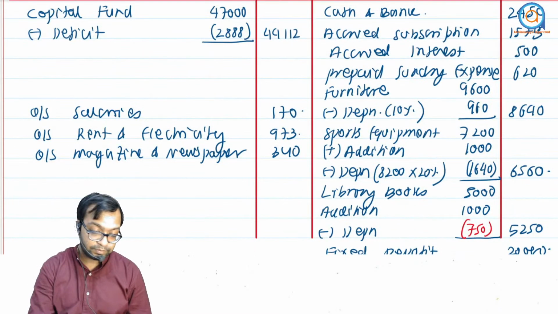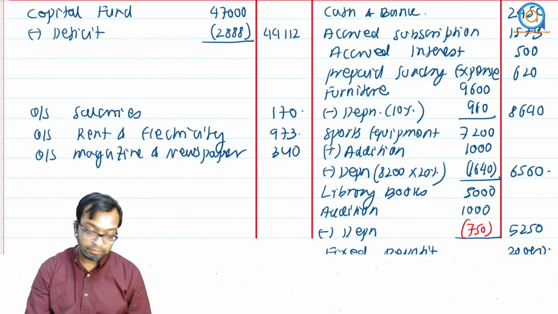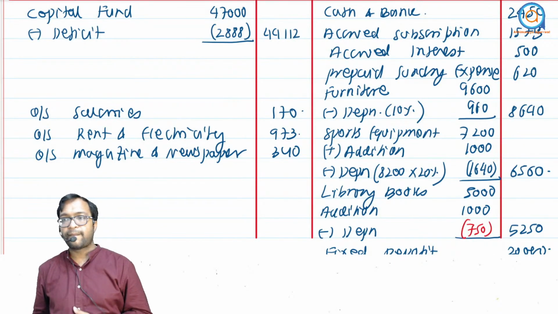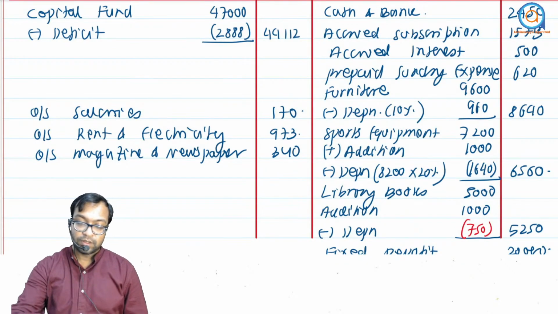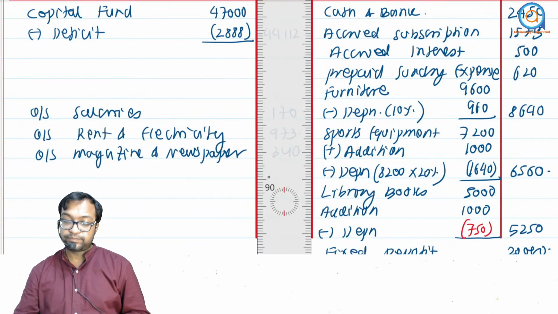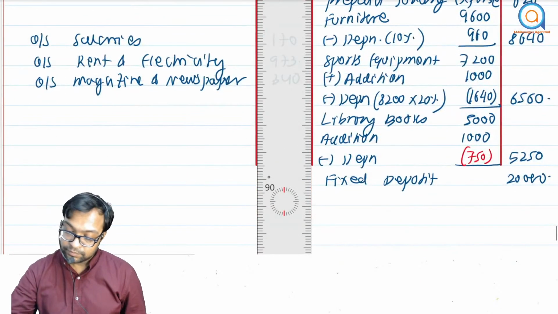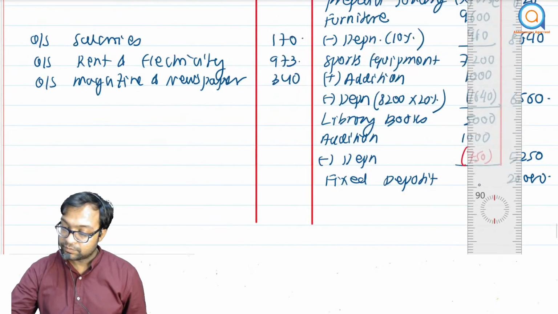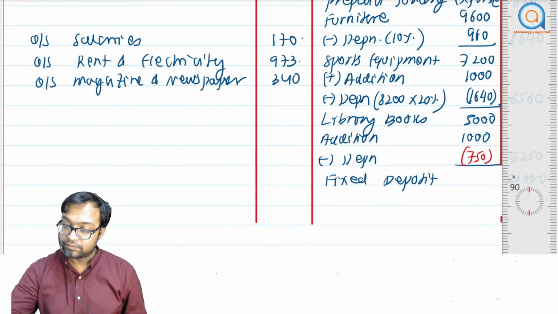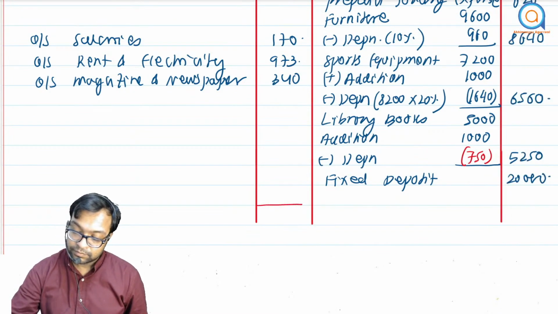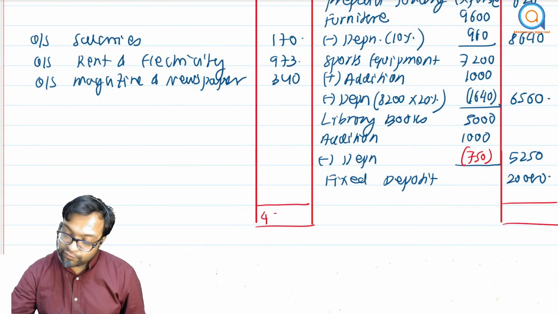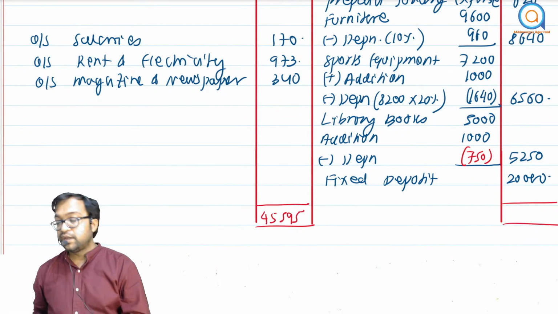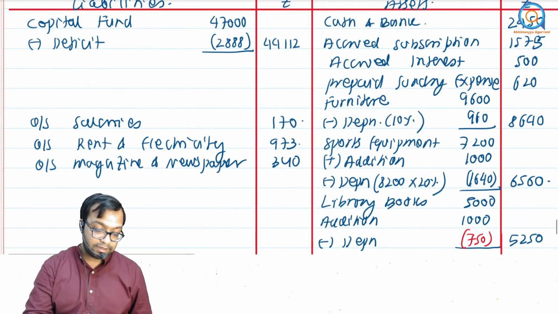Done? This side total is 45,595. Now let me check the asset side.